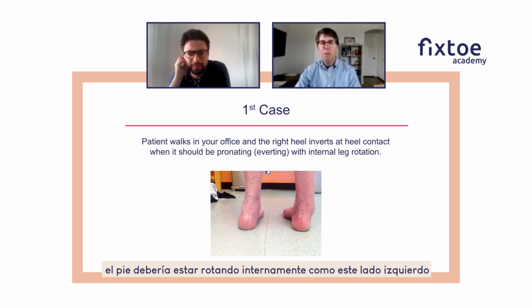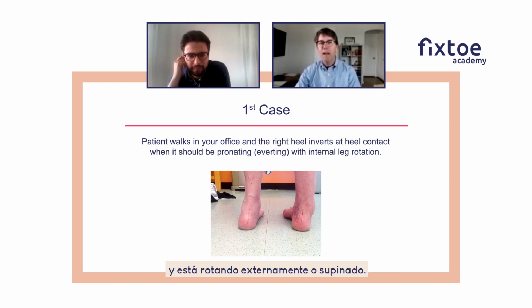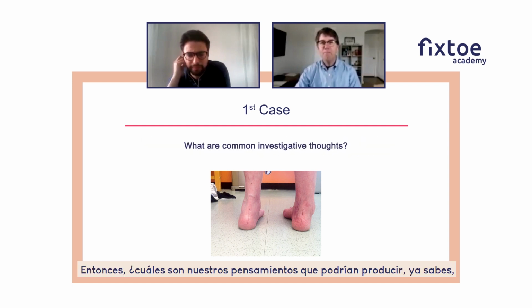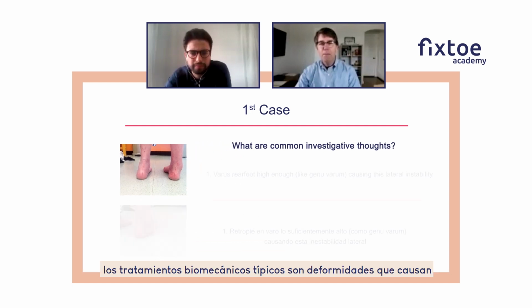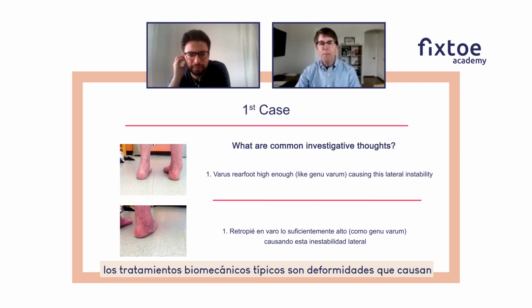So the foot should be internally rotating like this left side, and it's externally rotating or supinating. So what are our thoughts on what could produce this? The typical biomechanical deformities that cause this lateral instability.